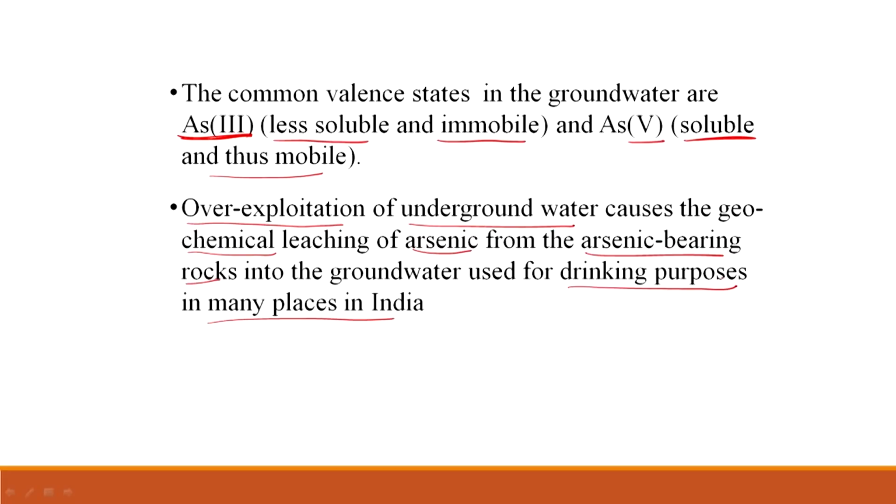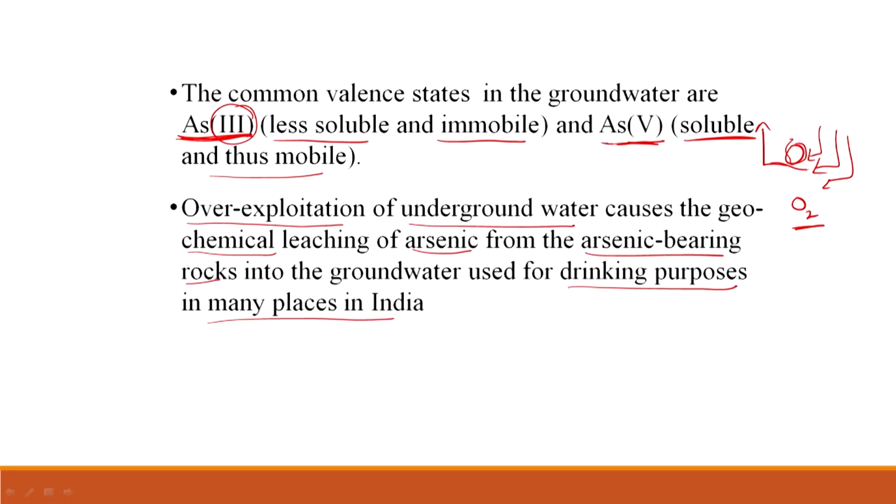So what happens is, let's say you have arsenic in oxidation state 3, and the groundwater from that area is pumped out and replaced by water that now comes in contact with oxygen, or the rocks themselves come in contact with oxygen, you are going to have oxidation of arsenic 3 to arsenic 5.